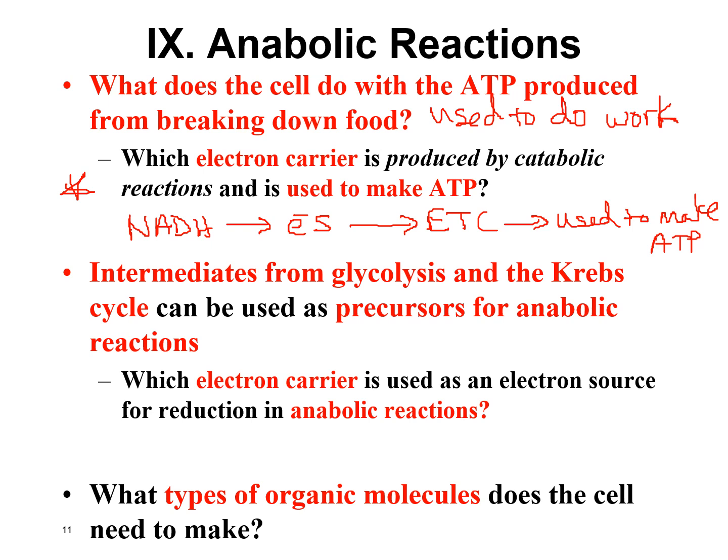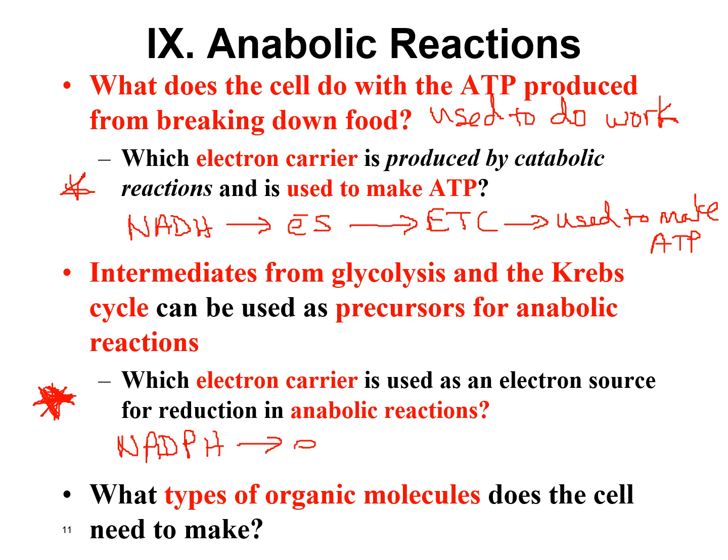Okay, and then we'll look at this next thing in the middle here, how we can pull off things, intermediates, to use to make other things in anabolic reactions. So we'll look at that in just a minute. Okay, but our next thing, which electron carrier is used for anabolic reactions? Okay, so remember this is NADPH.